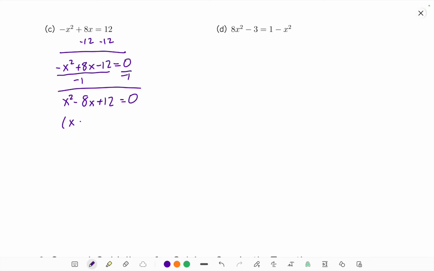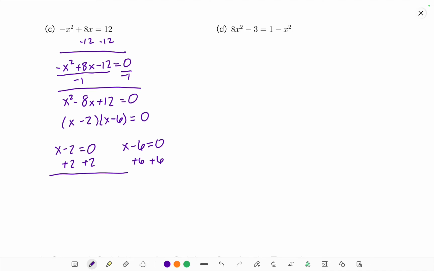So then we get x minus 2, x minus 6, because -2 times -6 is positive 12, and -2 plus -6 is -8. Then we take them each equal to 0 separately. Add 2, add 6. So x equals 2, or x equals 6.